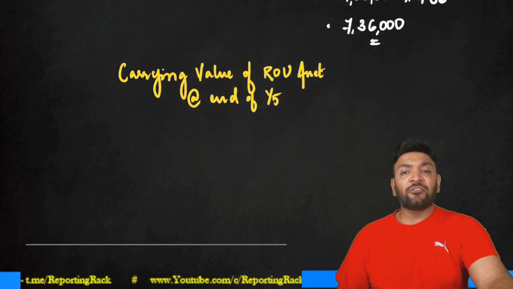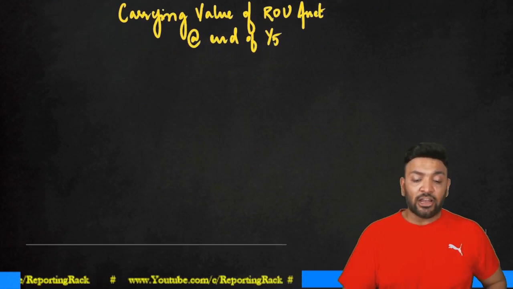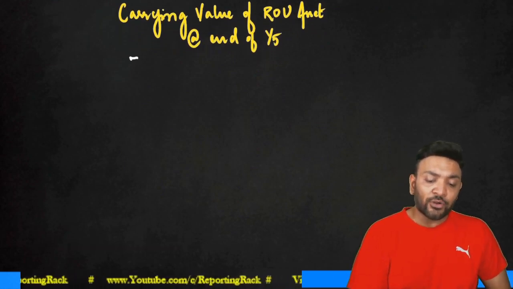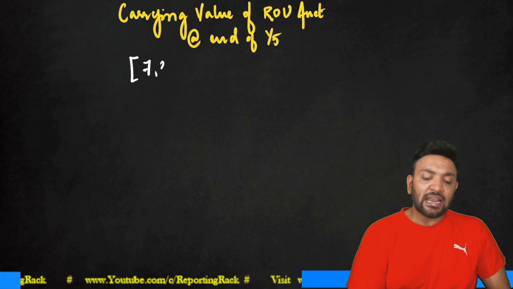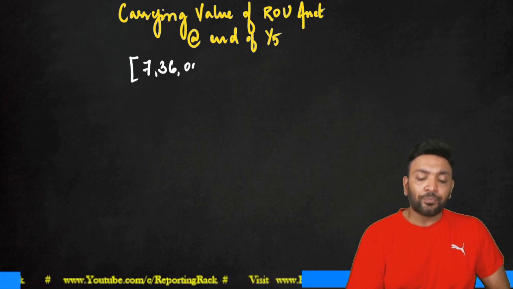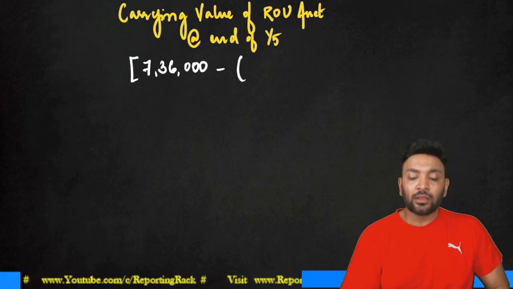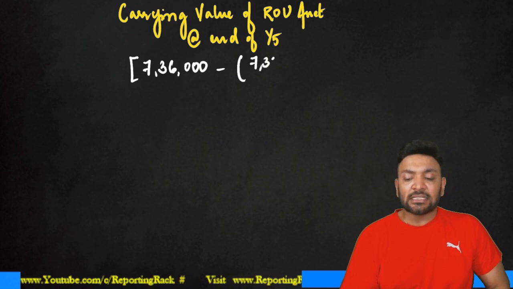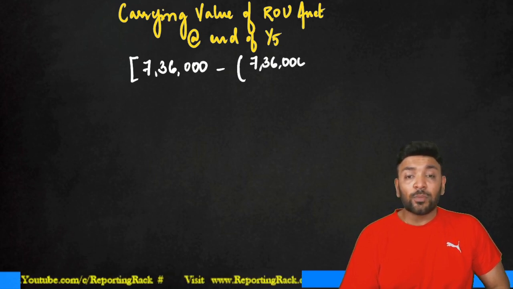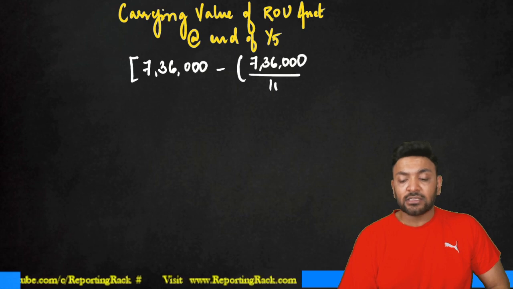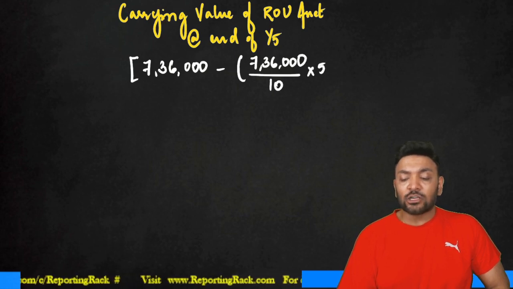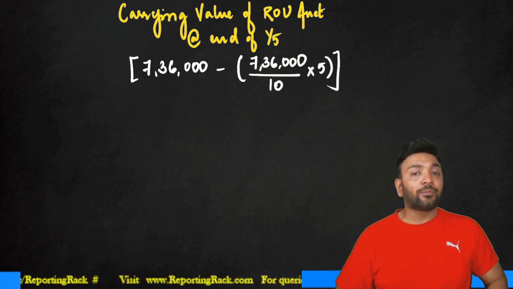At the end of year 5, when I am trying to identify the carrying value, then you have to go with the computation like this. 7,36,000 minus, this 7,36,000 is assumed to be depreciated over 10 years and 5 years is the total depreciation charge so far.